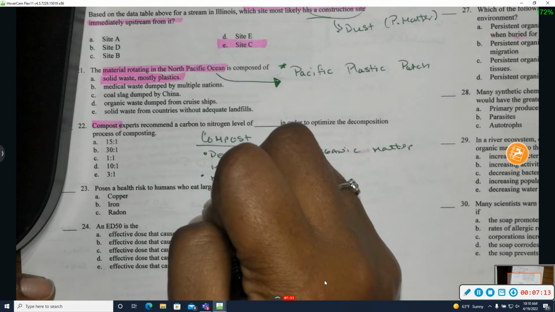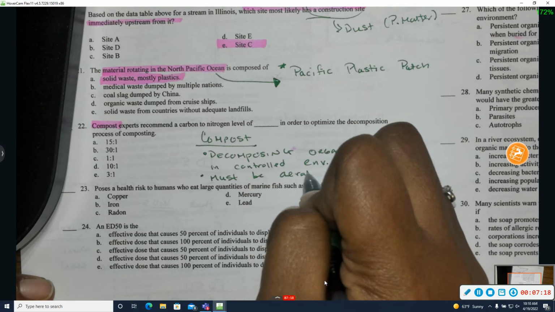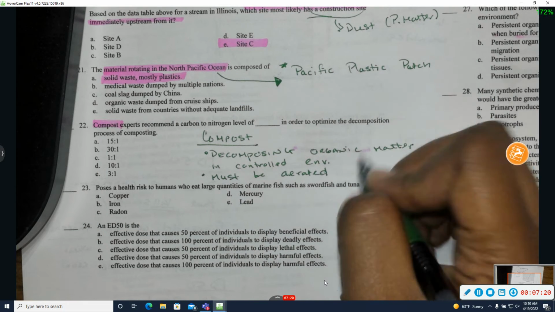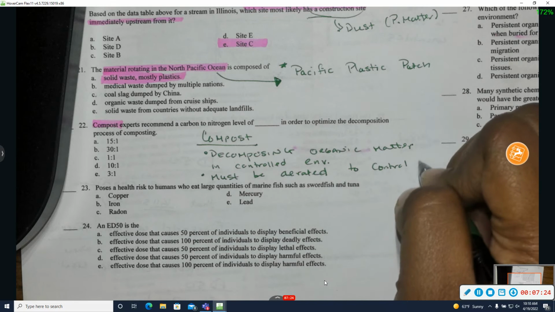One of the biggest issues with a compost bin is that it must be aerated, otherwise it starts to stink, so aeration controls the smell.